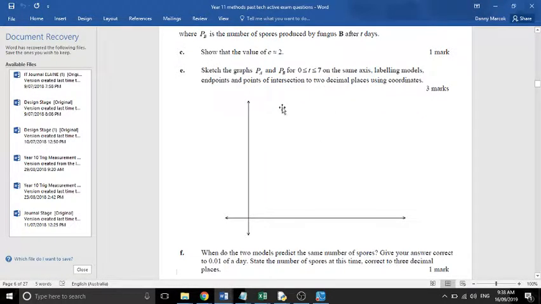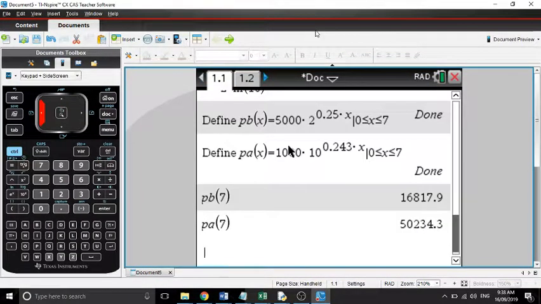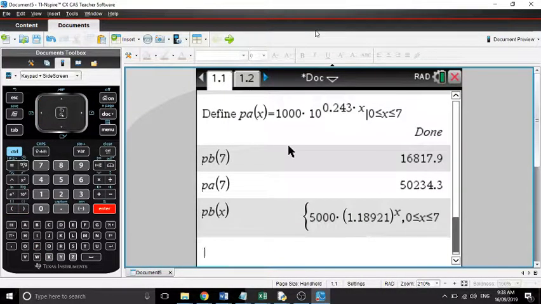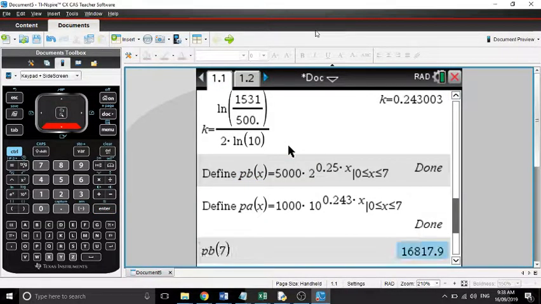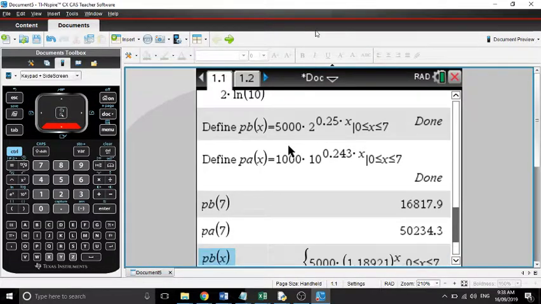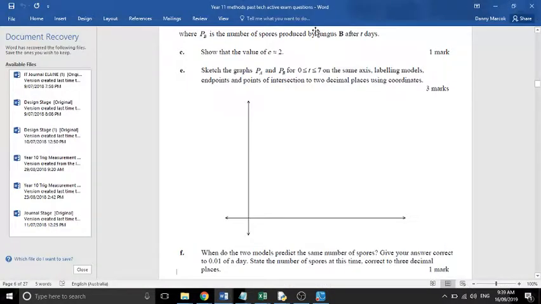So now we're going to go back and do this and show the value of c equals 2. So what we're going to do, I'm going to go back over here. We're going to say PB of x. That's what we've got there. So now we're showing that that thing equals 2. So what we're going to do, going to type in, look at my equation. So this is what I'd be writing down.